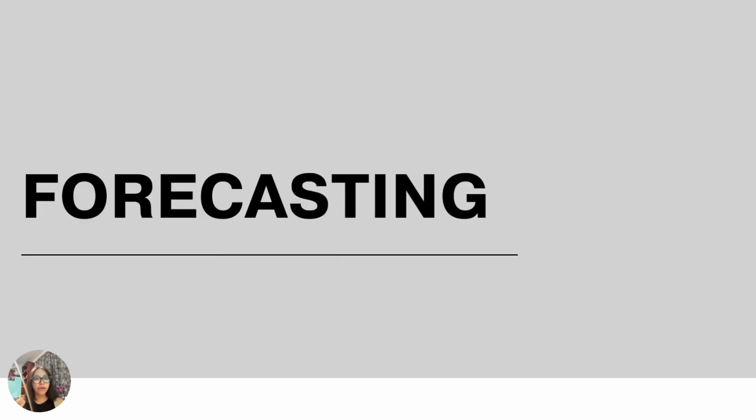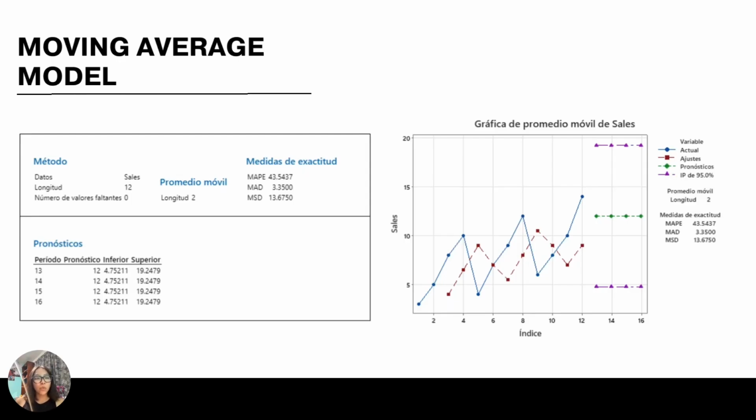Okay, so then we started the strong part of the problem situation, which was forecasting models for the future sales of the Camaro brand. We first used the moving average model.